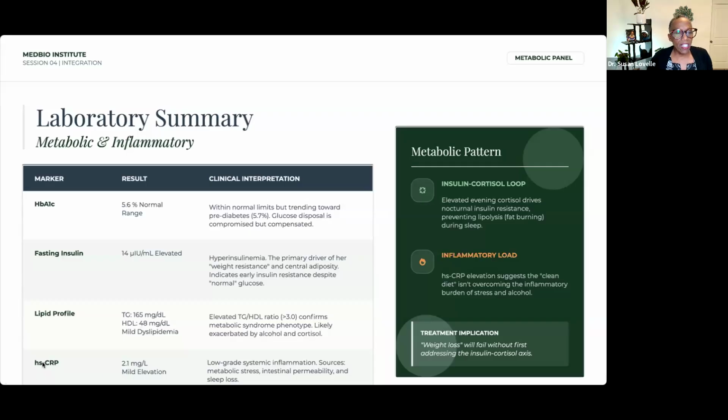And then finally, her highly sensitive CRP, C-reactive protein, again mildly elevated, more a marker for generalized inflammation. Okay. So what we're seeing is that she's got this evening cortisol that is fueling the insulin resistance and making this fasting insulin go up higher and higher and higher.